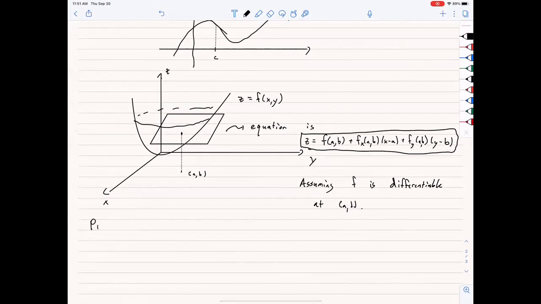But let's do a problem. Let's calculate a little. So let's find a tangent plane. And let's use our old knowledge a little bit.